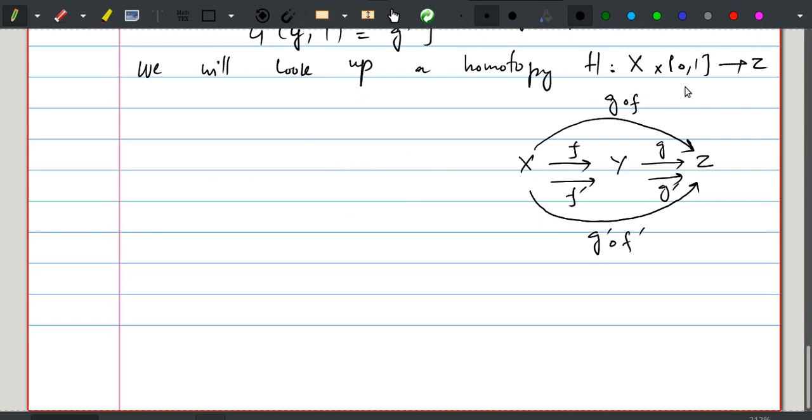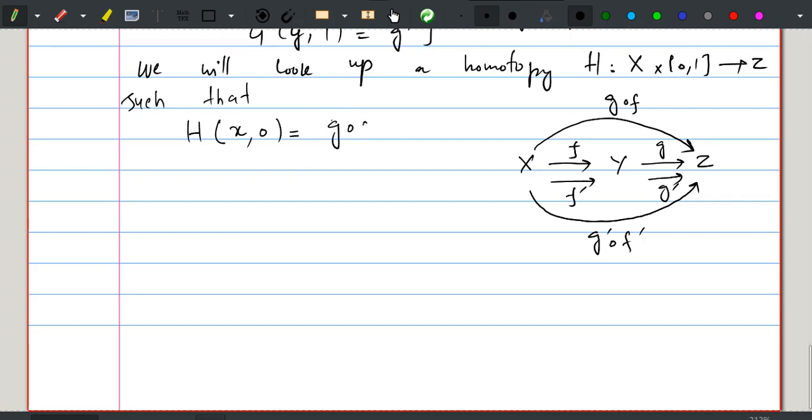We need to cook up this homotopy such that when we restrict this h to 0, it must be equal to g composite with f, and when we restrict this to 1, we must get g prime composite with f prime. This has to be true for all x in x.